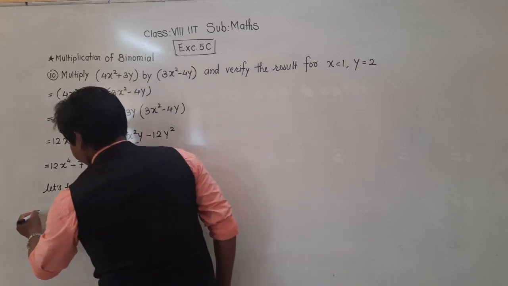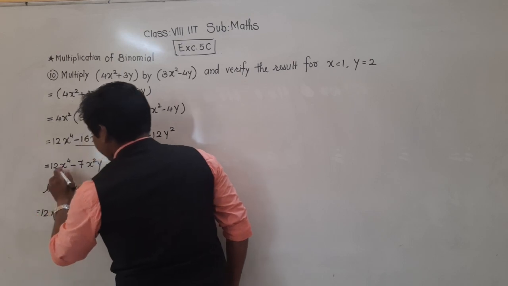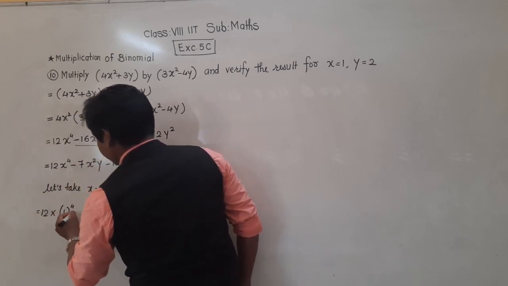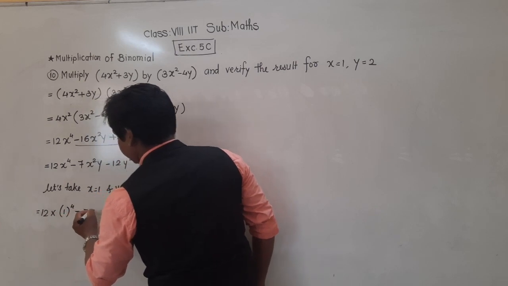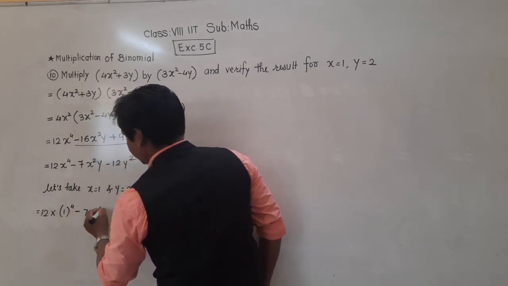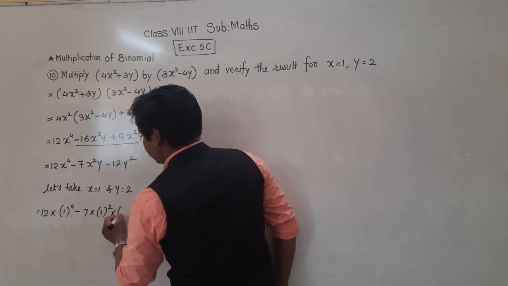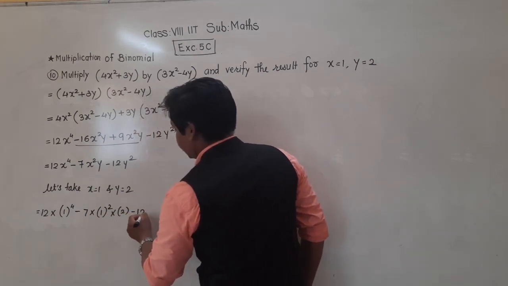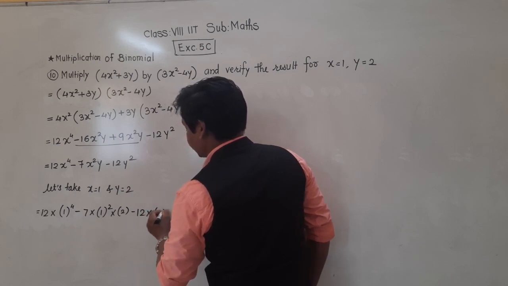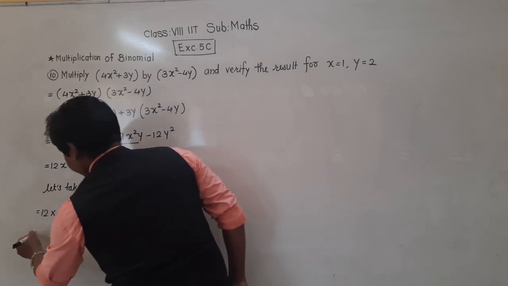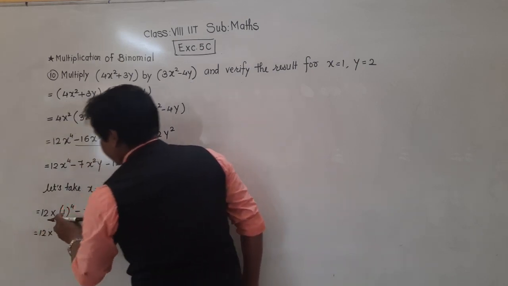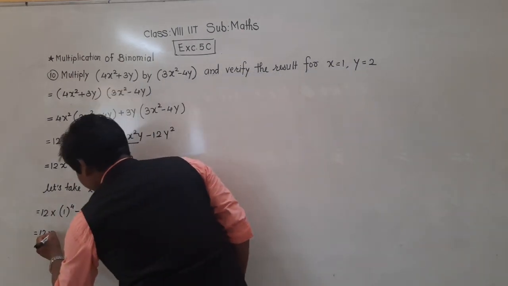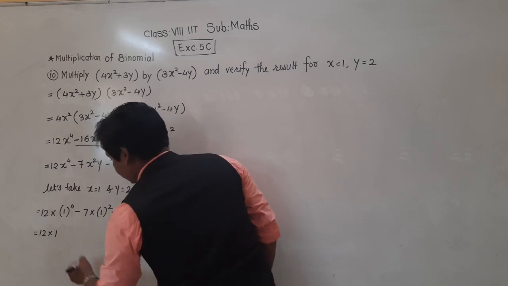So 12 into x to the 4 means instead of x put 1 raised to 4, minus 7 into x square means 1 square, into y means 2, minus 12 into y square means 2 square. That is 12 into 1 raised to 4, which is 4 times multiplication of 1, what will we get? 1 itself.